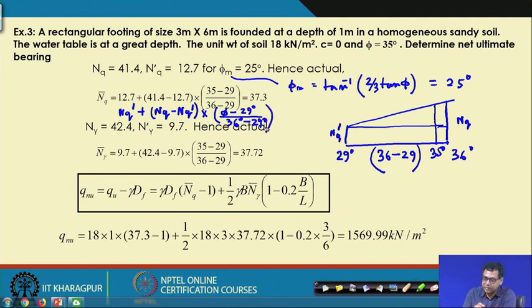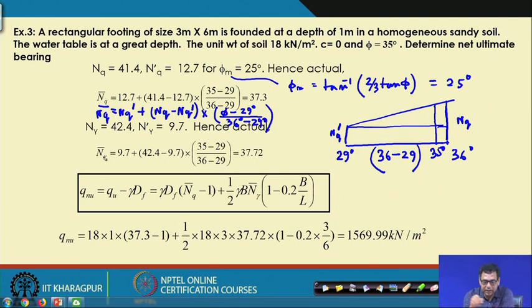So, this is the expression, because we are doing the linear interpolation. Similarly, we do it for N gamma also. So, your NQ bar will be this value. Similarly, we can get N gamma bar also.